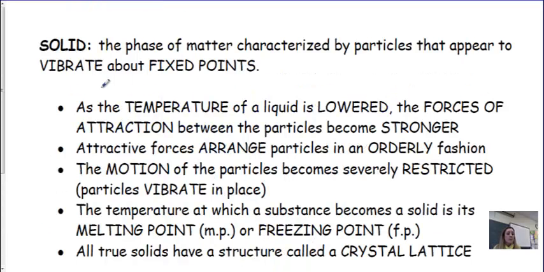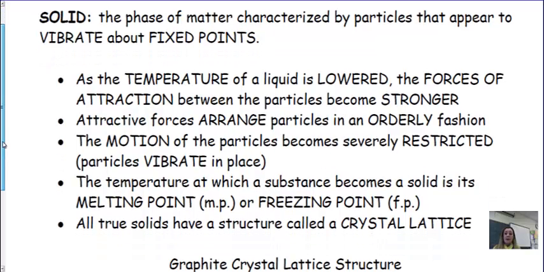All right, so now talking about solids, the phase of matter characterized by particles that appear to vibrate about fixed points, very slight vibration. Let's read these points here. As the temperature of a liquid is lowered, the forces of attraction become stronger, so those particles become tightly compacted. The attractive forces arrange particles in a very orderly fashion, nice and arranged like a crystalline structure or a lattice.